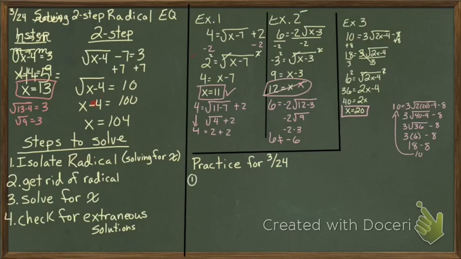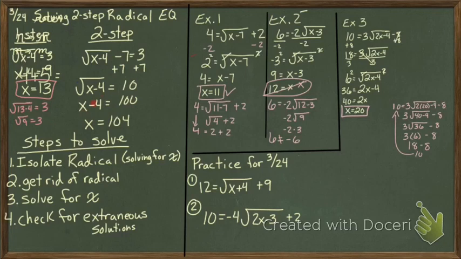So problem number 1 is going to be 12 equals the square root of x plus 4 plus 9. The next one I'm going to want you to work is 10 equals negative 4 times the square root of 2x minus 3 plus 2.